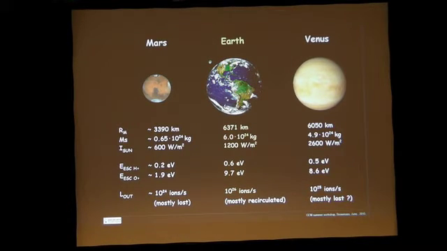Outflow rate 10 to the 25th, but most of it is actually lost. Earth, significant loss, but most of it actually goes back to the magnetosphere. Mars, much smaller again, so lower gravitational potential, lower irradiance, outflow rates of the order of 10 to the 24th, so a tenth of the Earth perhaps. Most of the plasma from Mars is lost.